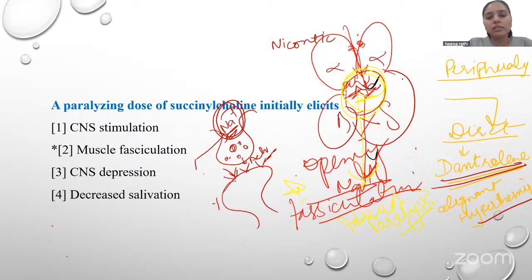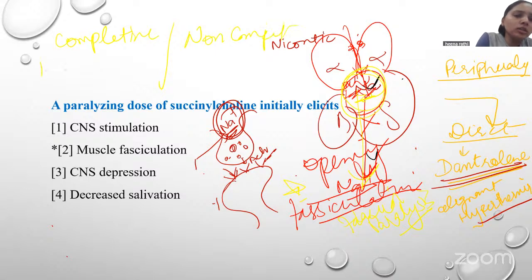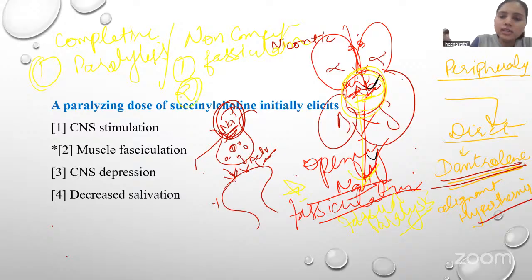So for the competitive type of skeletal muscle relaxant, there will be only paralysis. But for the non-competitive type, initially there will be fasciculation, the initial movement, and then ultimately desensitization of the sodium channel and paralysis.